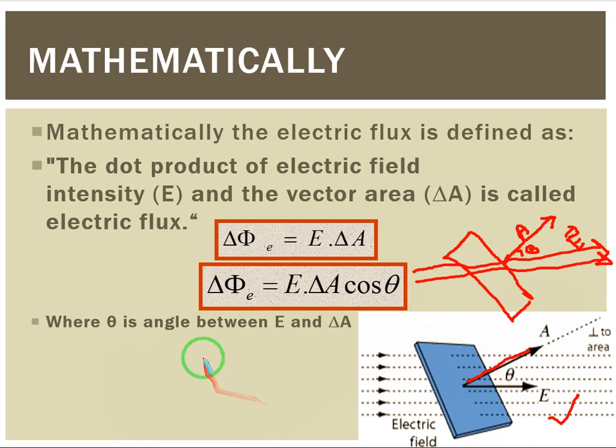Once you have the area in a straight line, like your surface like this one, and this is the midpoint, the direction of area will be straight, like this. This is the direction of area, and the electric field line comes in this way.